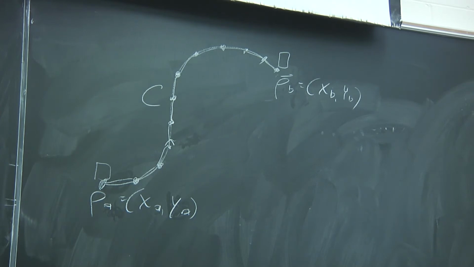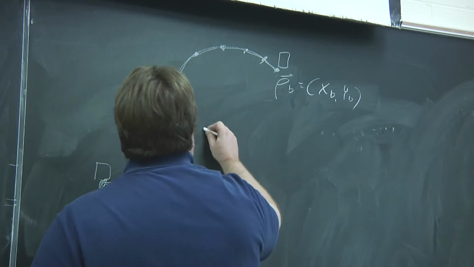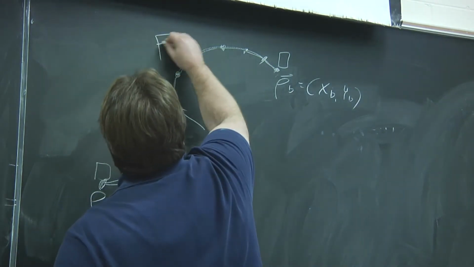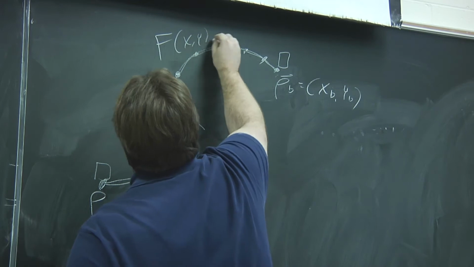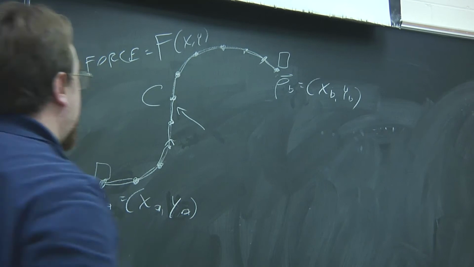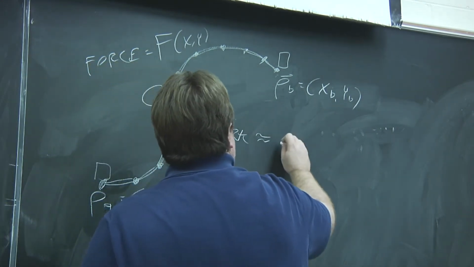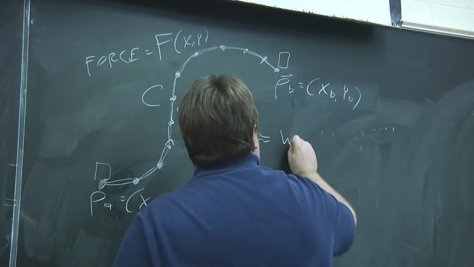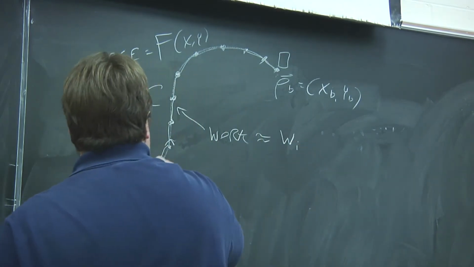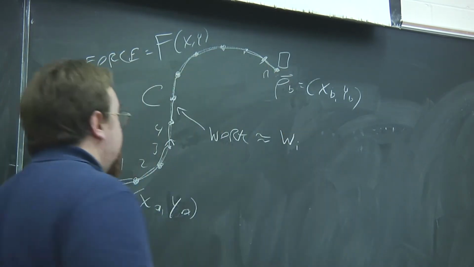Okay. All right. So on each one of these segments of the curve, if the force is given by a function f of x, y for any point x, y along the curve, then the work on this piece is going to be, and we call it W sub i, so we have segments 1, 2, 3, 4, and so forth, all the way up to segment n.